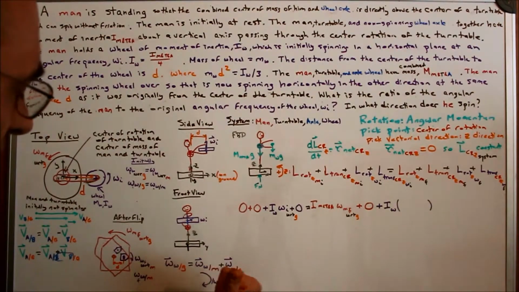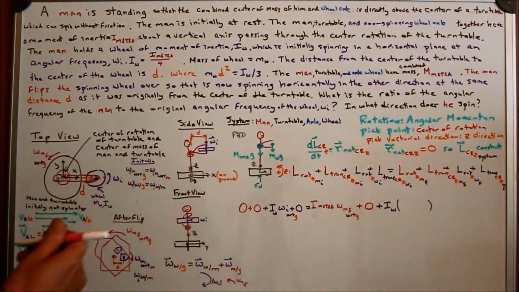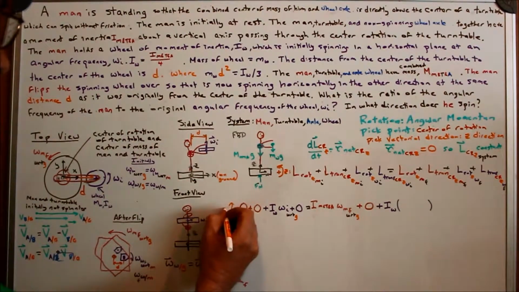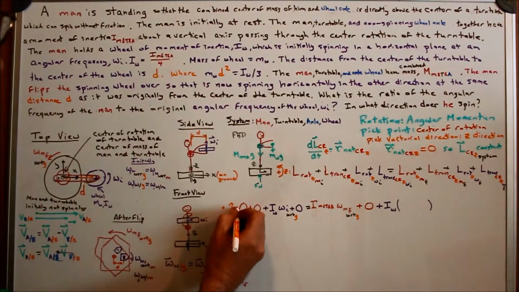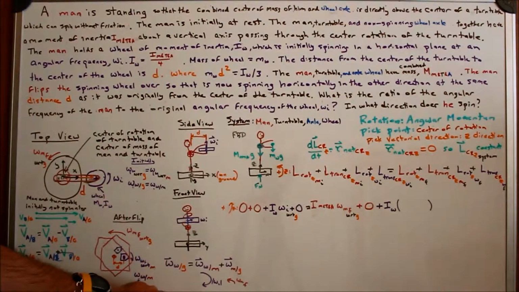This one's counterclockwise in the plus Z direction. So we call the positive Z direction out. We're doing everything positively here. So in the end, this is going to be a positive term, this is going to be a minus term.